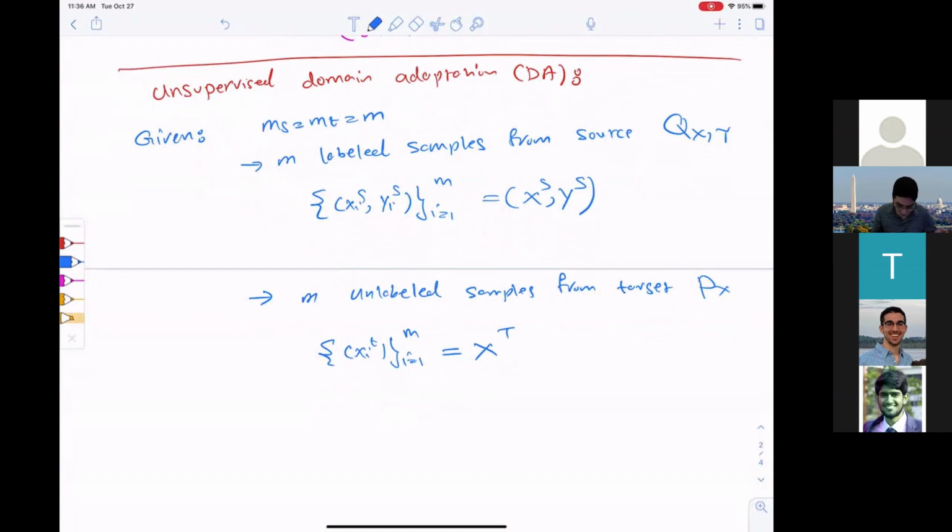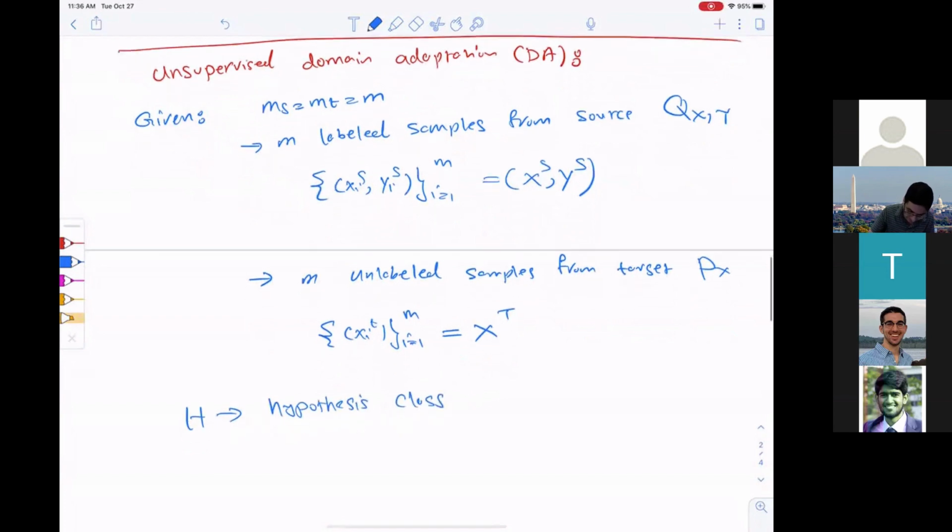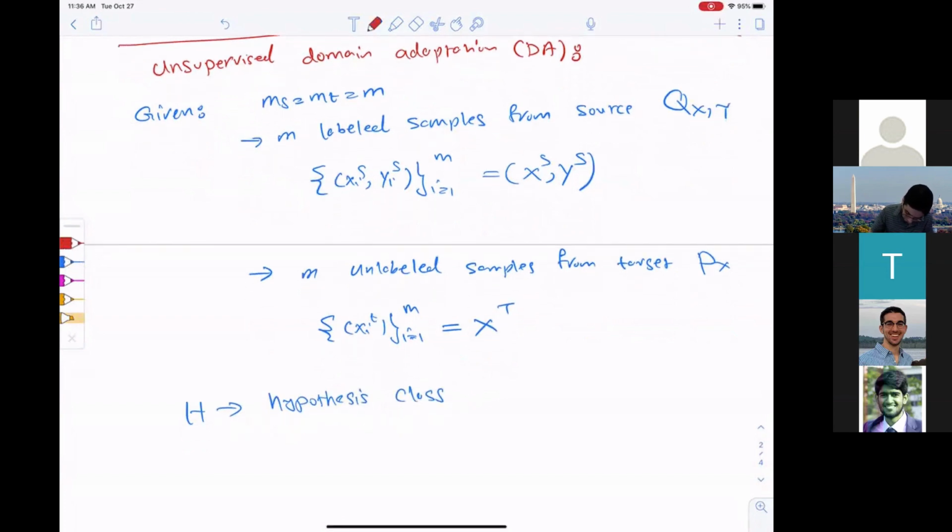Okay. So we are also going to pick a function class, let's say a class parameterized by a neural network. That's our hypothesis class, H. So my goal is to pick a function from my hypothesis class such that my target error is small.